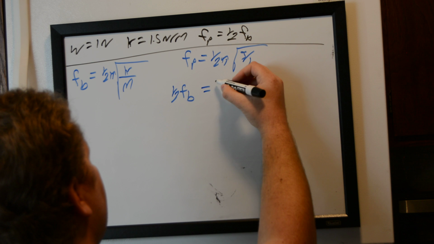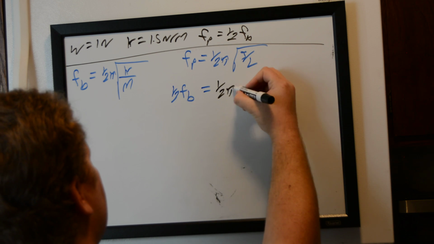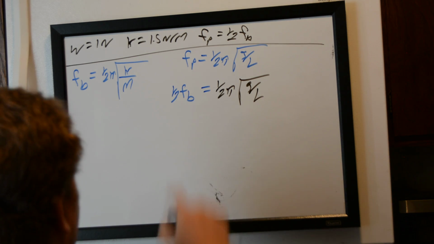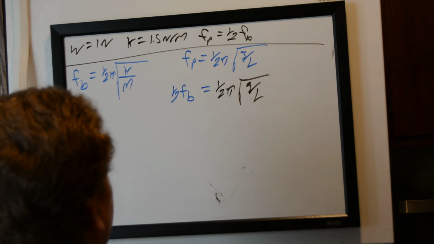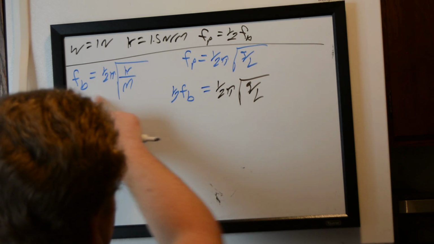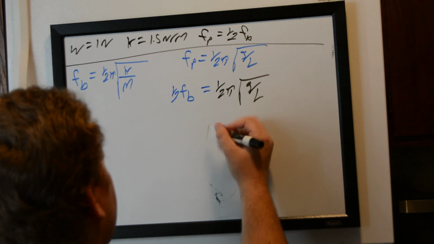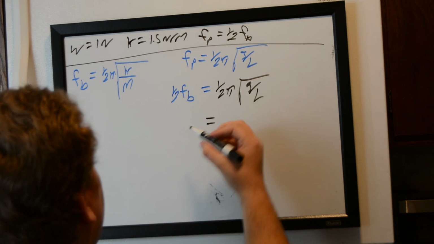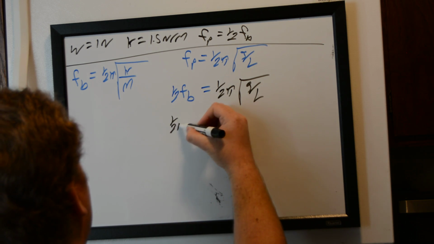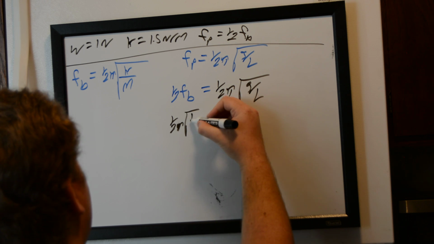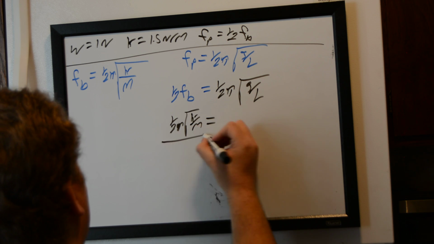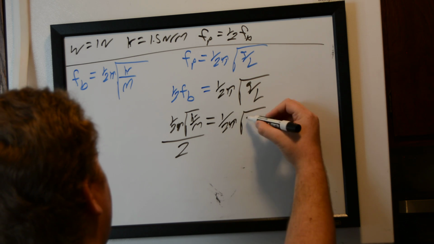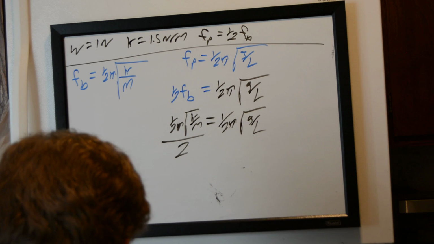We have 1/2π times gravity over our length. So now we just go ahead and plug this in right here and then solve it for length. Oh boy, so we have 1/2π times the square root of k over m, all over 2, is equal to 1/2π times the square root of gravity over length.